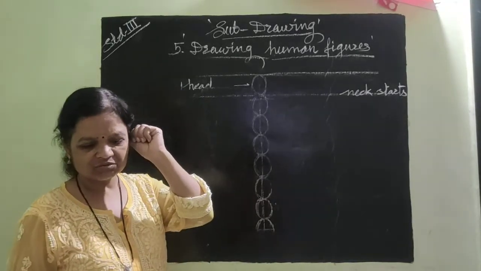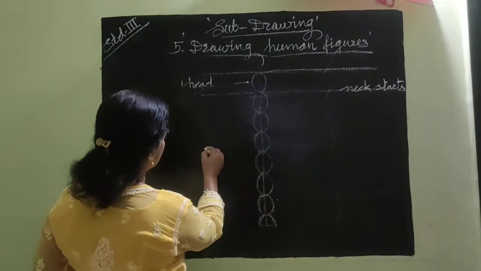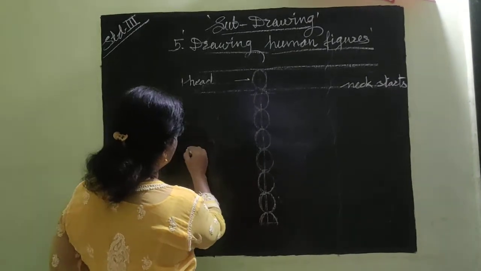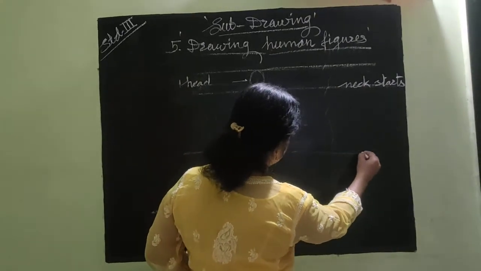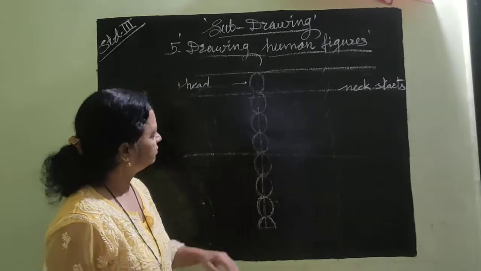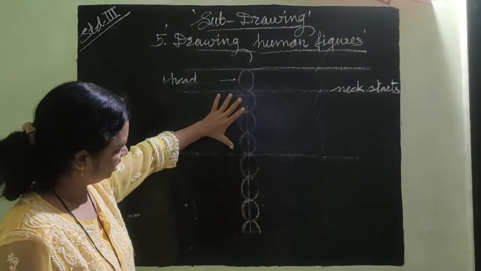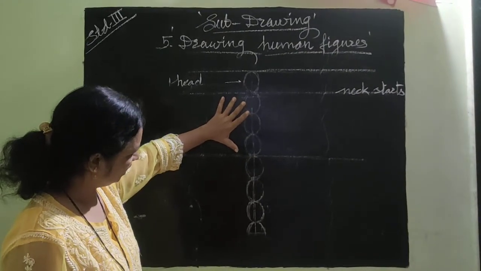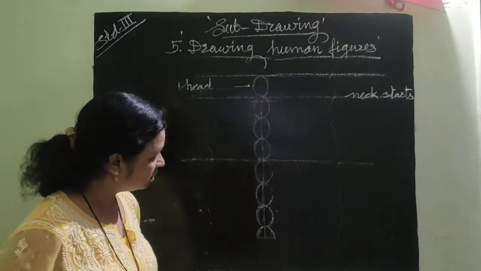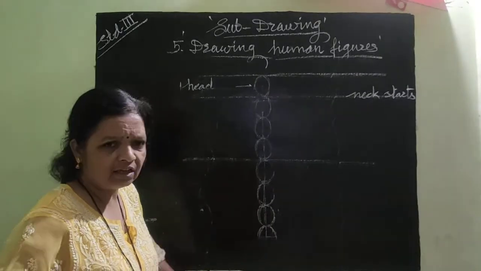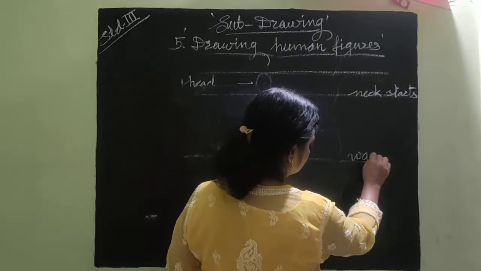Take it like this. Take 3 more oval shapes here. So draw a line. This much portion. 2, 3. These 3 ovals we use for our upper body part up to the waist end, where the leg starts. Understand? So here our waist ends.